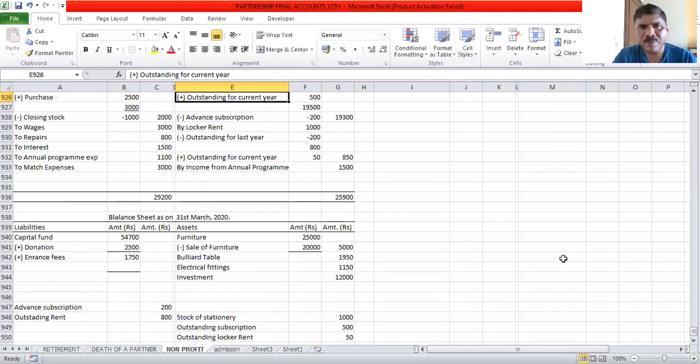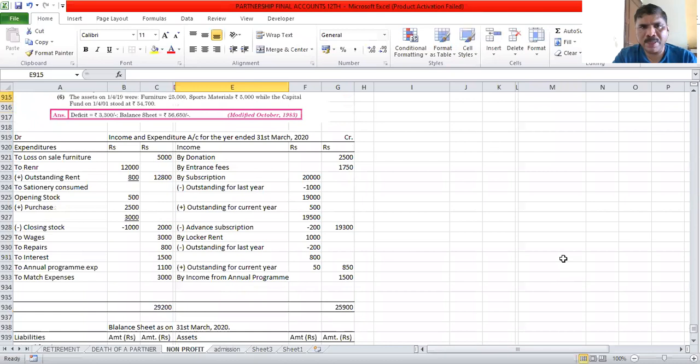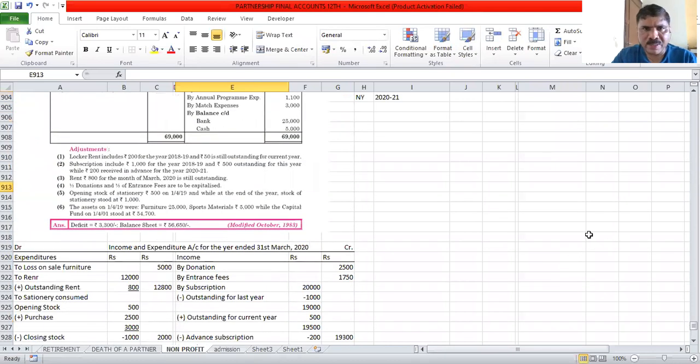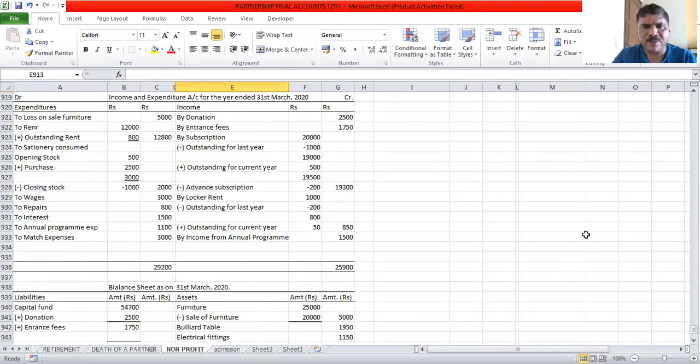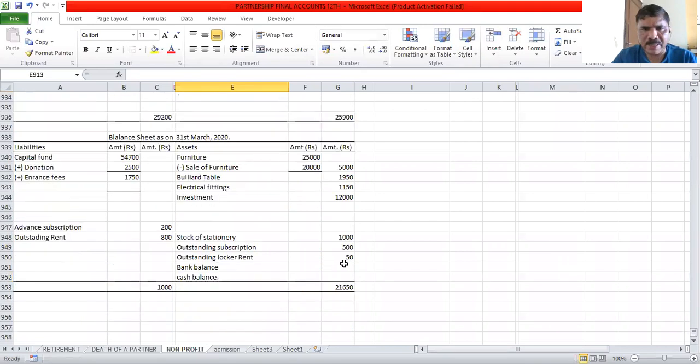Bank balance was 25,000 and cash balance is 5,000. You have to check immediately when you are in the question. If you go up and down again, it will be confusing. Hope you followed all these things?